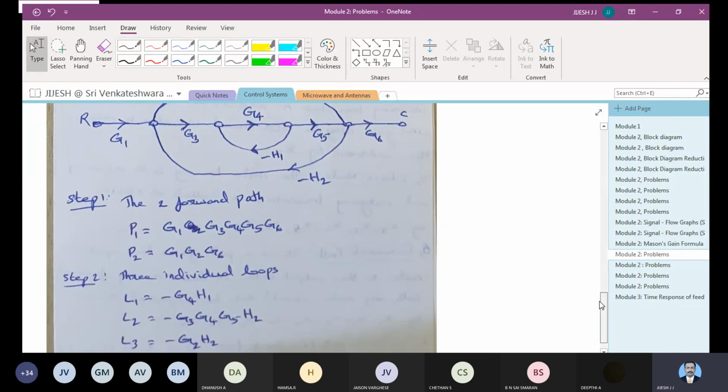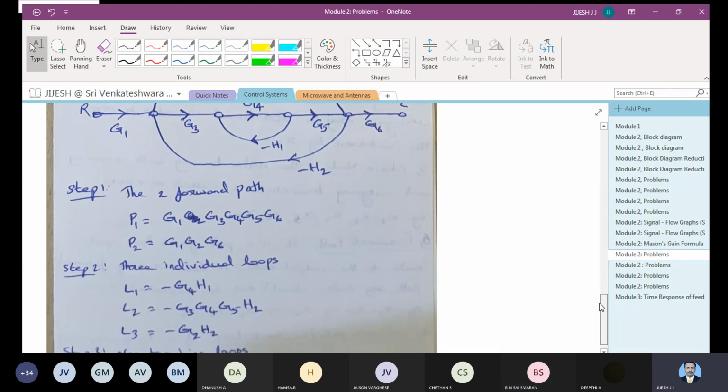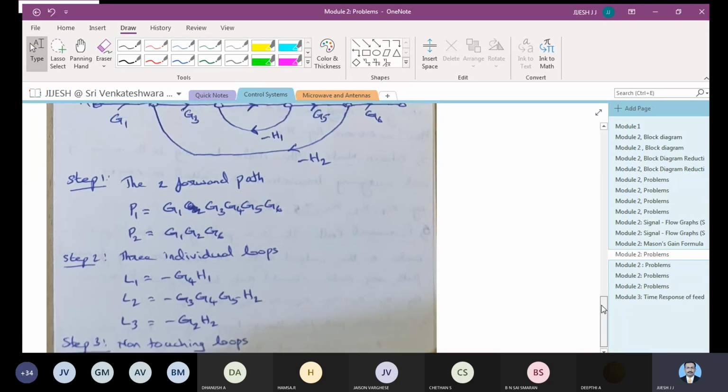What is the next one? Non-touching loops. You just tell me the non-touching loops, the third step. Once you get non-touching loops, you just let me know. Is there any non-touching loop here? Definitely it is there. How many combinations can you see? L1 and L3.